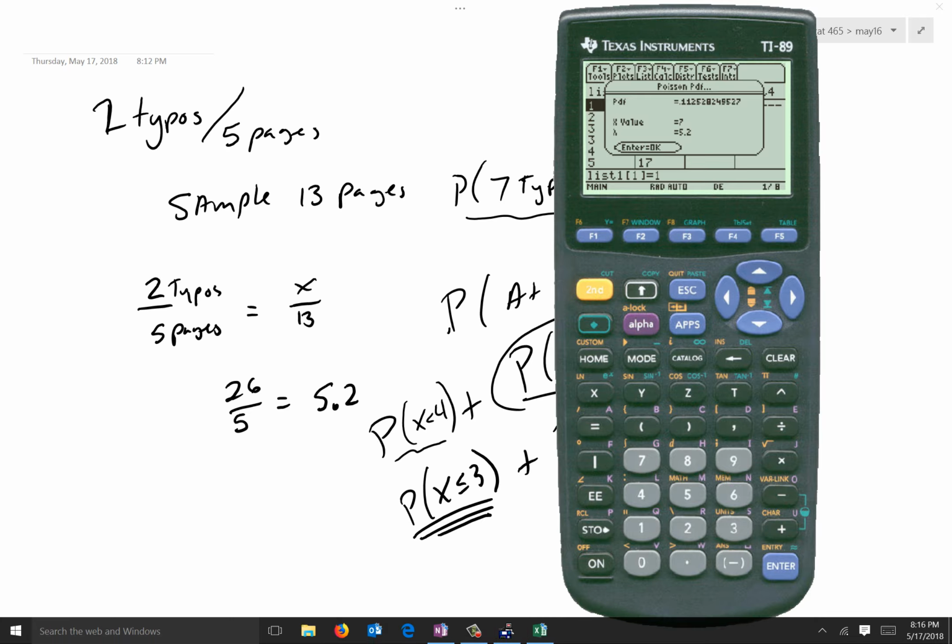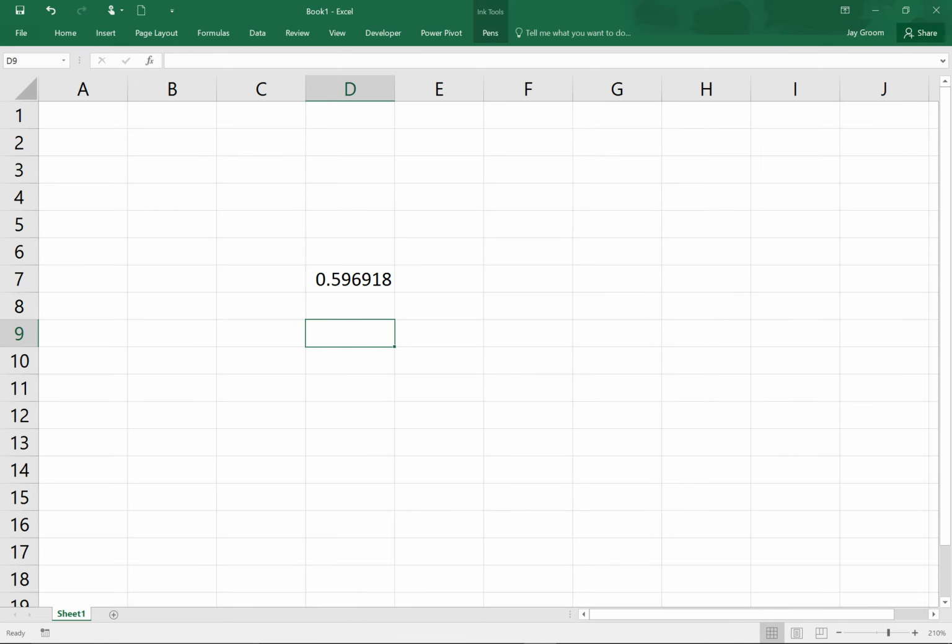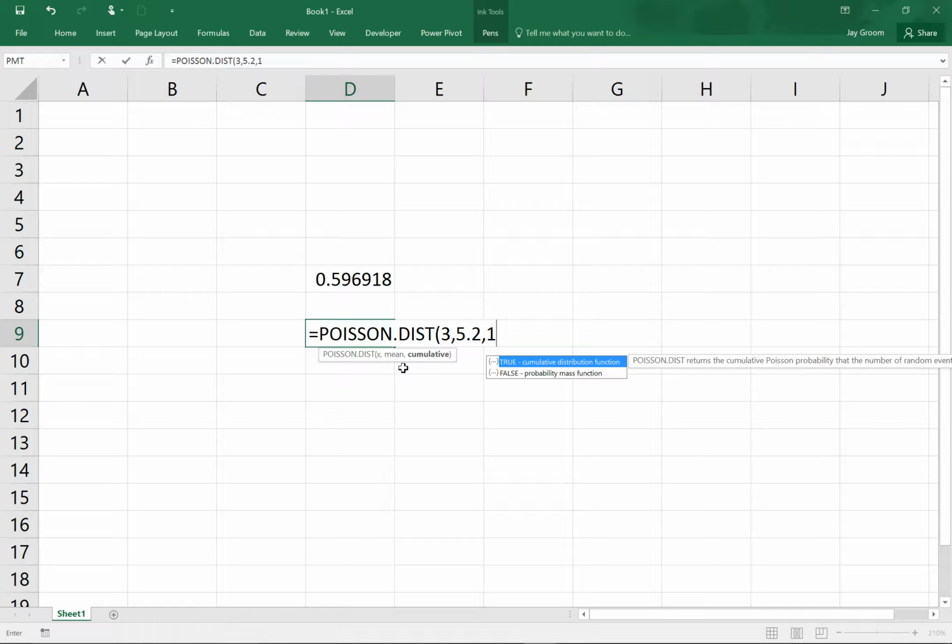So I'm going to actually use Excel this time. Equals Poisson dist, and I'm interested in getting 3, and I would have expected 5.2, and yes, I'd like it cumulative, and I want to do 1 minus that, so 1 minus.